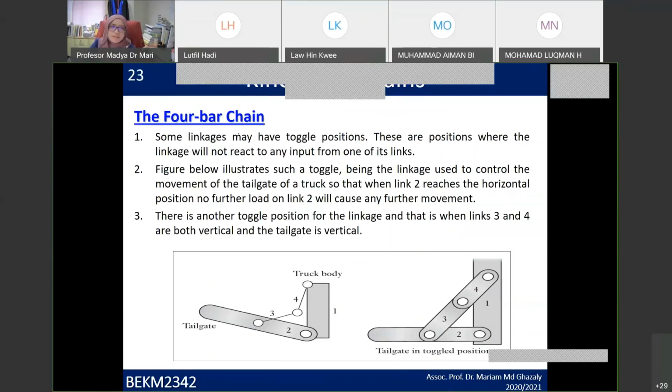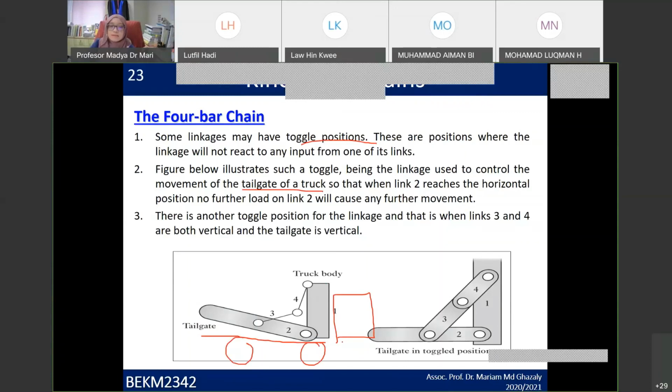And this one is an example of a toggle position. If you see here, it's used in the tailgate of a truck. If you imagine that this is a truck, this is the head body of the truck, and you have the wheel over here.